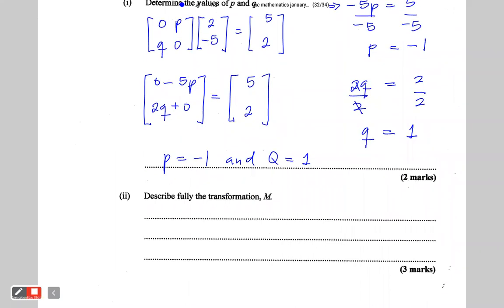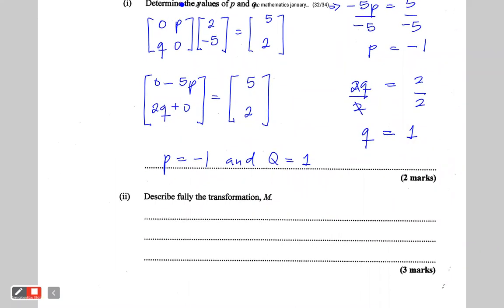Then we're asked to describe fully the transformation M. So transformation M is the matrix (0 -1; 1 0). What this matrix does is that it interchanges the x and y coordinates and it changes the sign of the new x coordinate. So M is a rotation of positive 90 degrees.